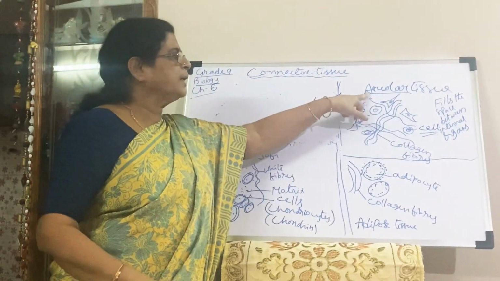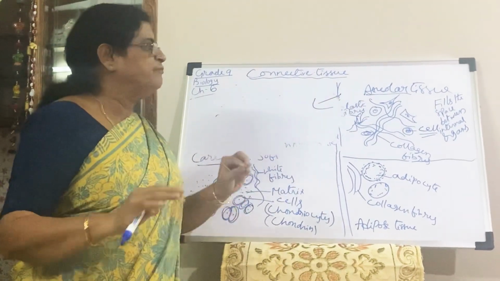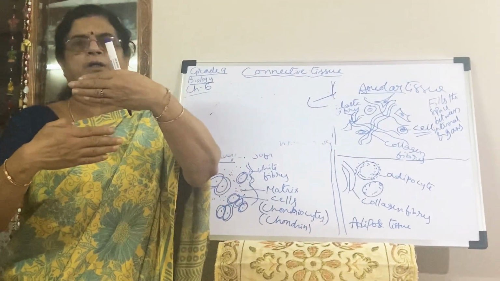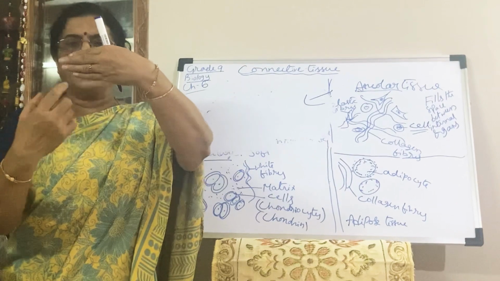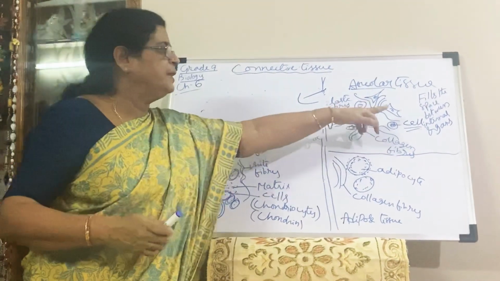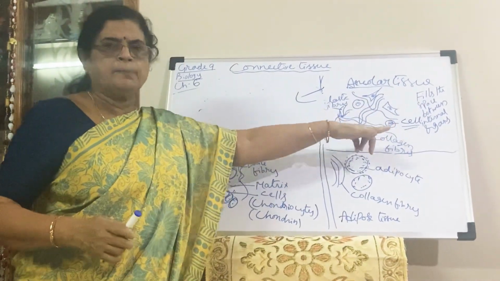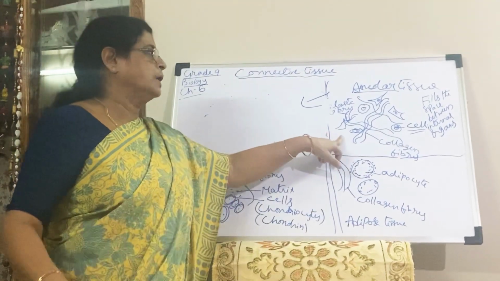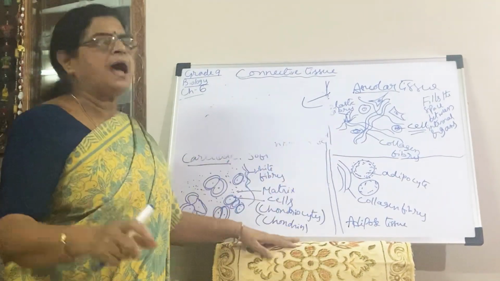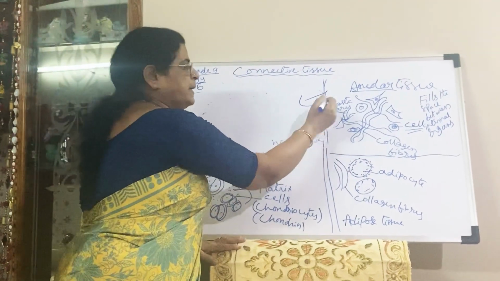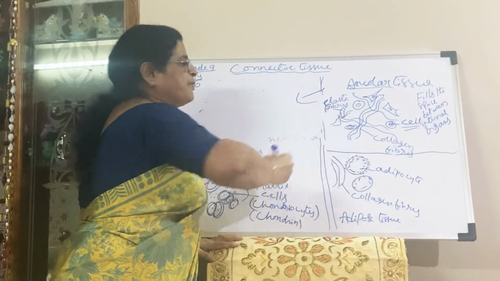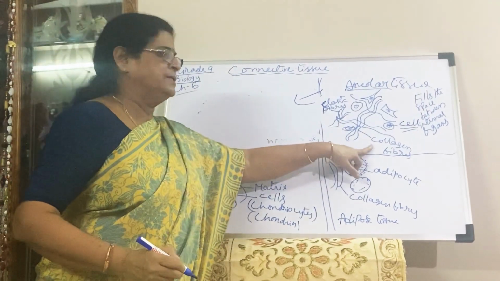Normally, the main work of areolar connective tissue is to fill the space between the internal organs. It is present everywhere in the body around the organs, and it has elastic fibers and collagen fibers.